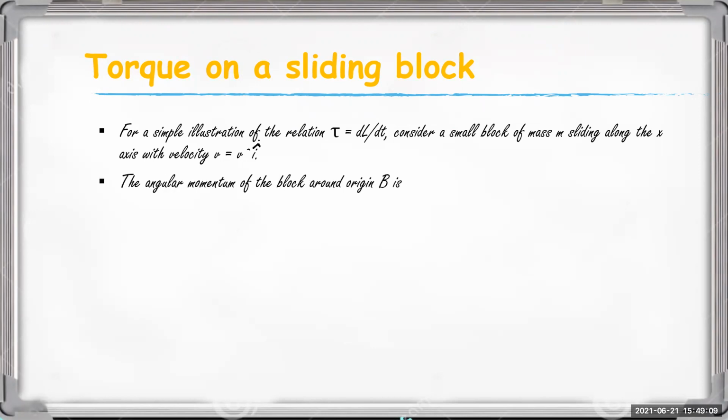The angular momentum of the block around the origin B is obtained as LB is equal to m RB cross V. It is obtained as m L v k cap.